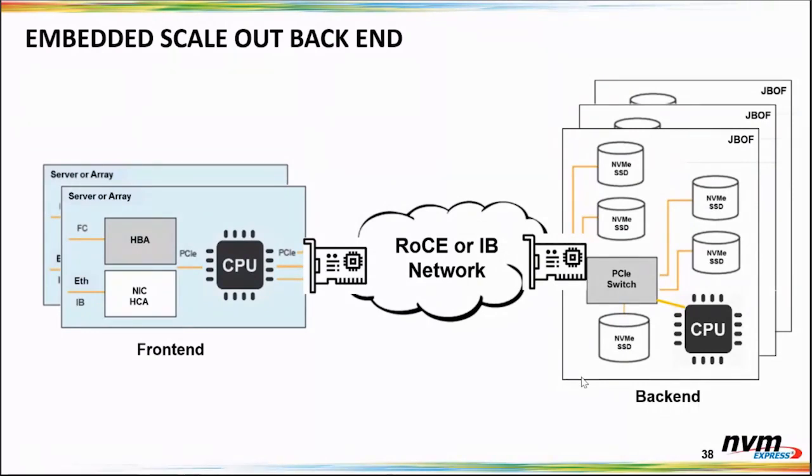And here NVMe over Fabrics has replaced much of the PCIe and SAS fabrics that used to be there in earlier designs, with either InfiniBand or Ethernet fabrics using NVMe over Fabrics on RDMA.